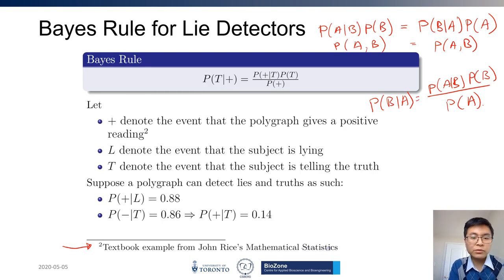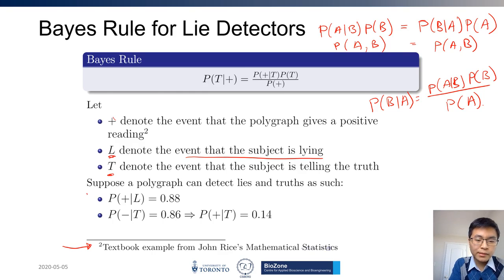We're doing Bayes' rule for lie detectors, so the lie detector could give a positive reading, i.e. the polygraph predicts that the subject is lying. L is the lie, the actual ground truth of the data, i.e. this is the event that the subject is lying, and T is the event that the subject is telling the truth.